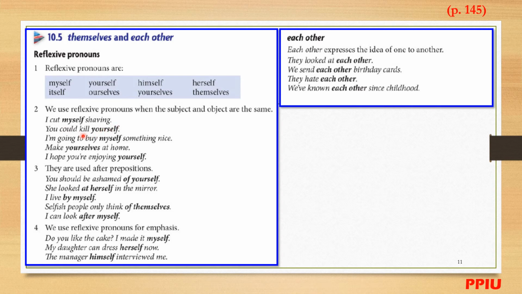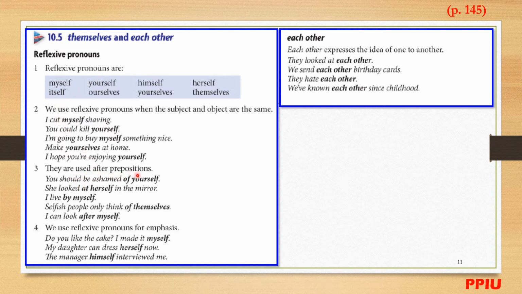You could kill yourself. I'm going to buy myself something nice. Make yourselves at home. I hope you enjoy yourself. So when subject and object are the same, you can use a reflexive pronoun.